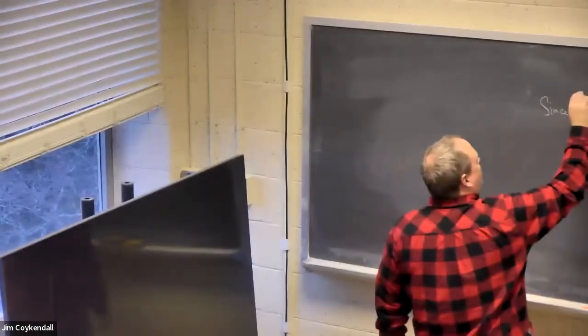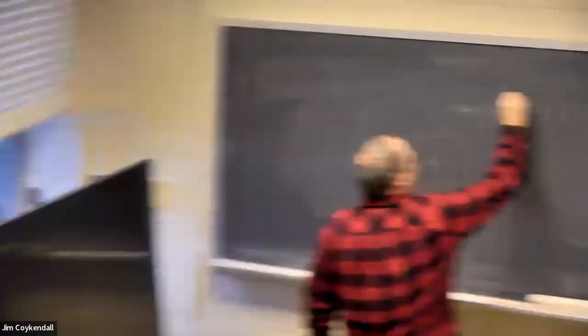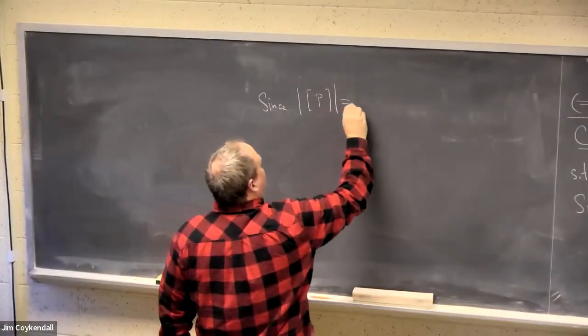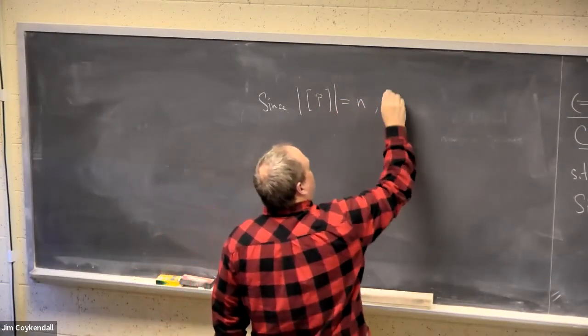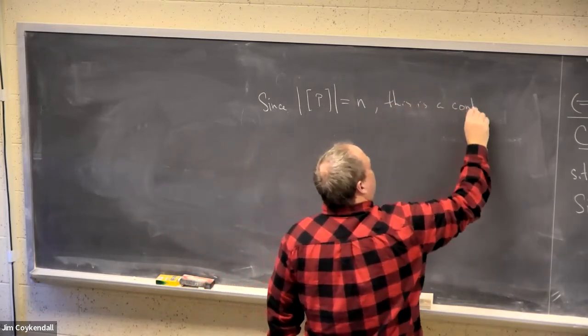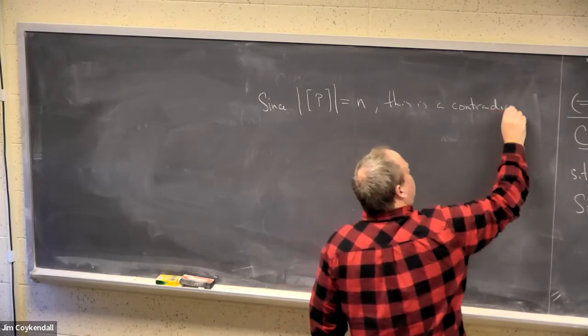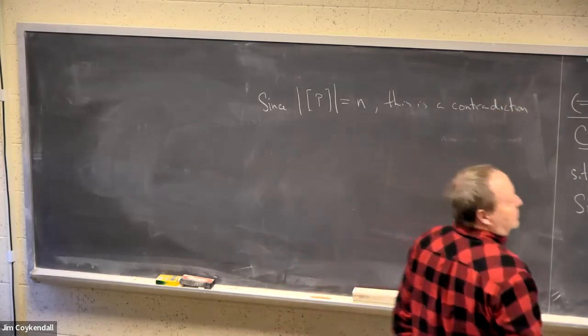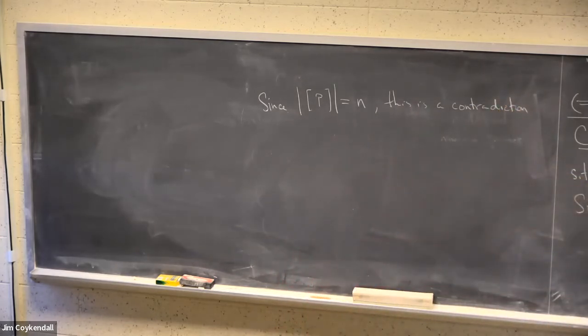since the order of the ideal class is n, if P to the J actually is a principal ideal for some power J less than or equal to n minus 1, that's trouble, because we said that the order was exactly n.